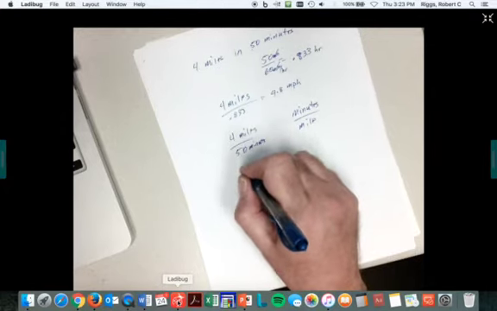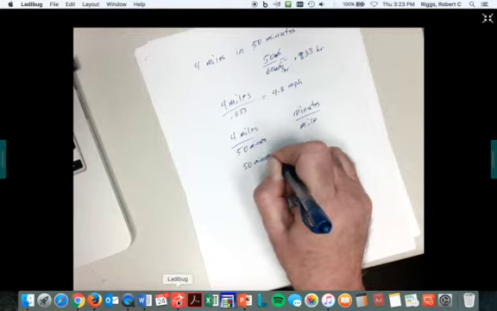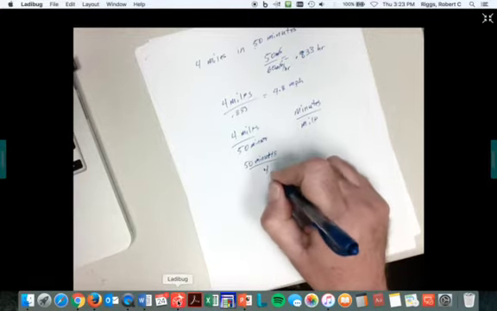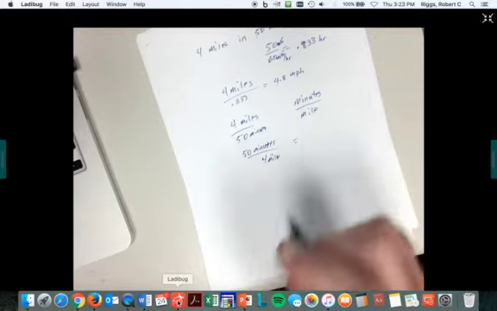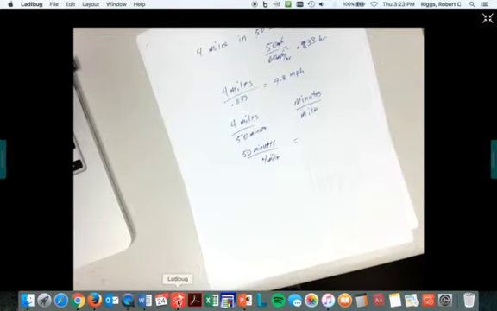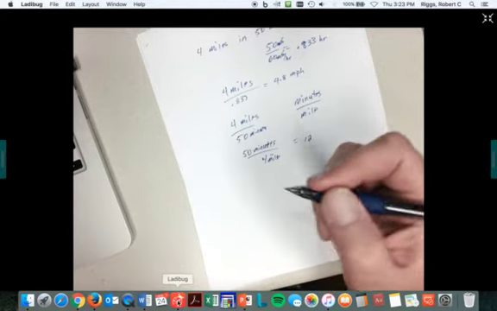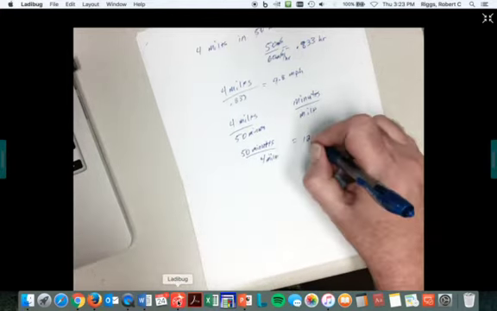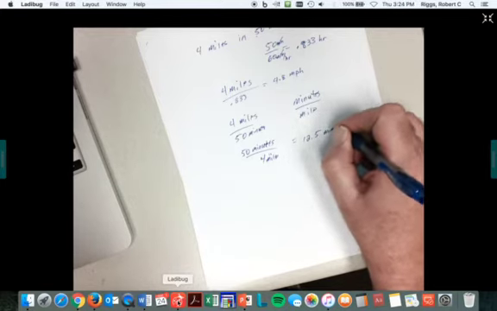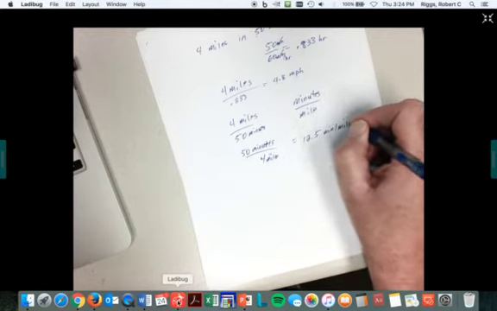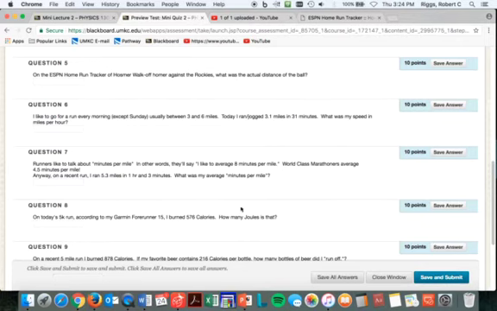So I ran 50 minutes divided by 4 miles. Now I've got minutes per mile. 50 divided by 4 is about 12.5, or 12 minutes 30 seconds per mile. So you just kind of reverse engineer things a little bit.